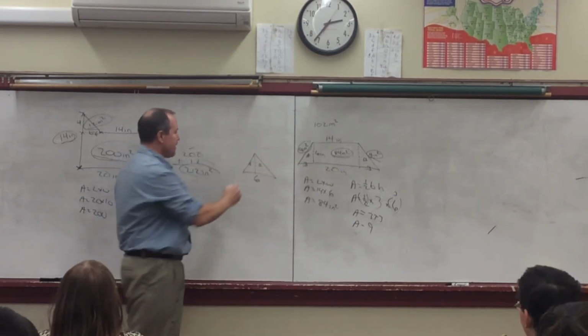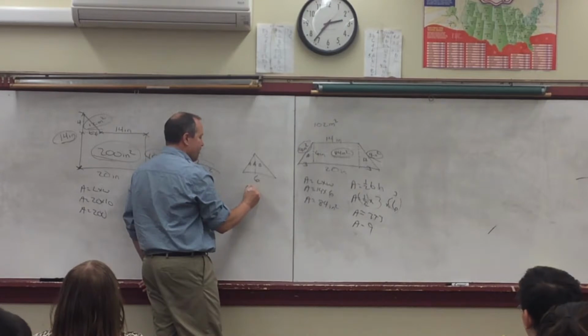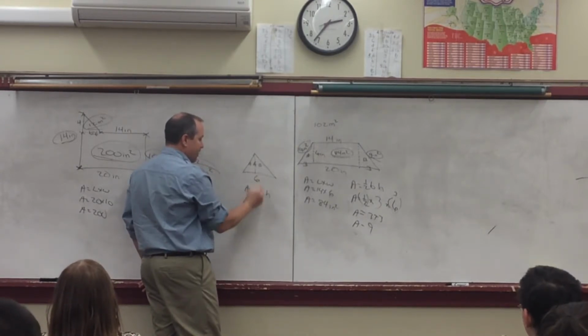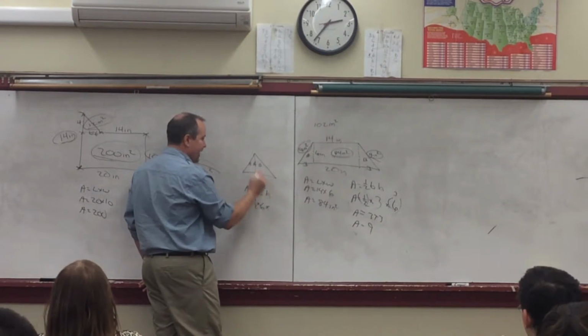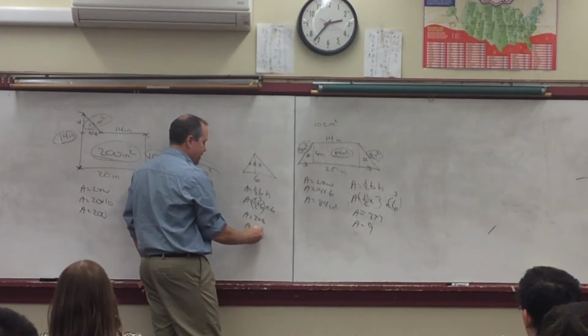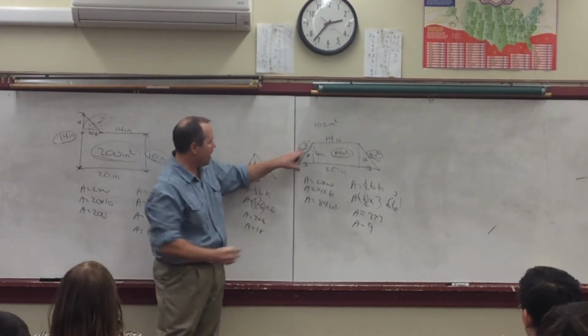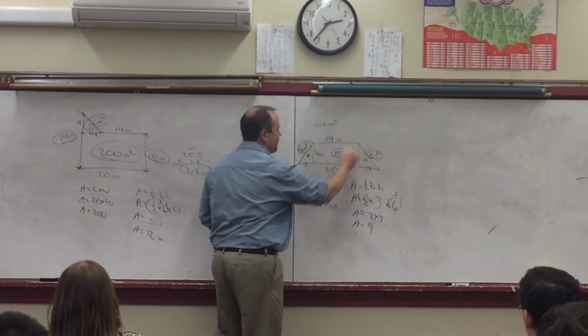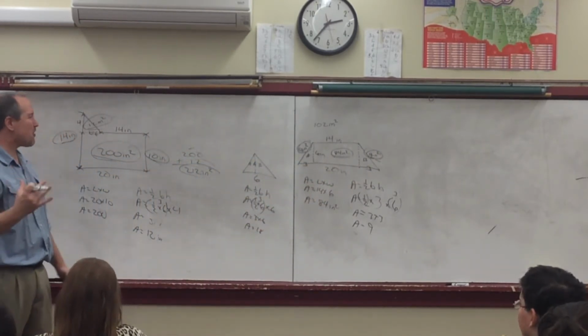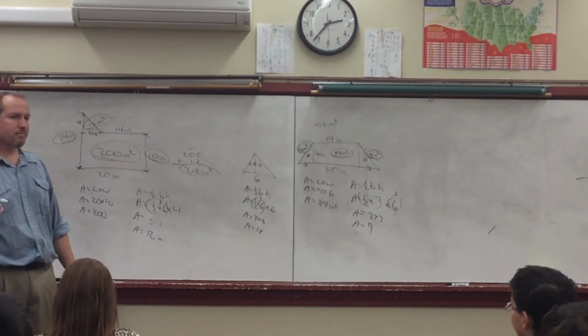And the height is 6. So A equals 1/2 base times height. A equals 1/2, the base is 6, and the height is 6. Half times 6 is 3, and now 3 times 6 gives me 18, which is what we ended up with here, 9 and 9.